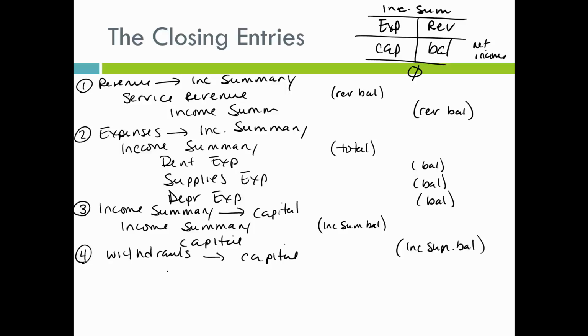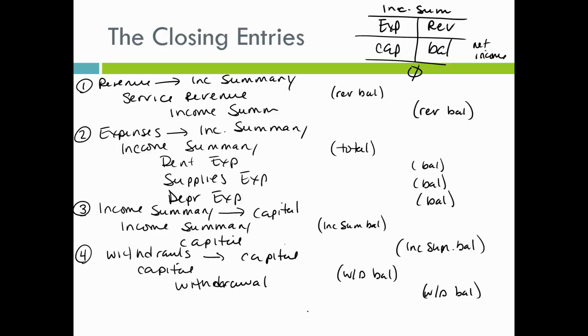The withdrawals have a debit balance, so I need to credit those. So I'm going to debit the capital account and credit the withdrawal account for the withdrawal balance. Whatever's in the withdrawal account, that's the amount of this entry.